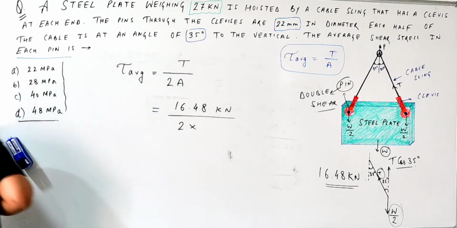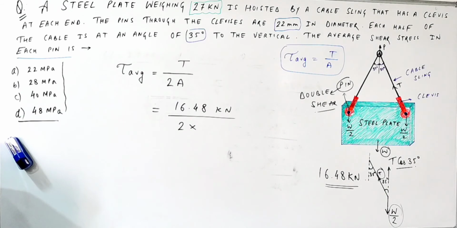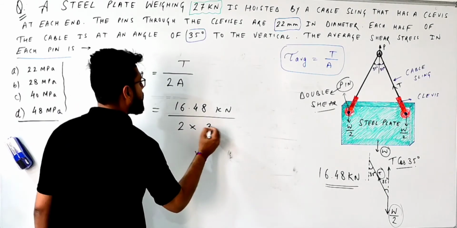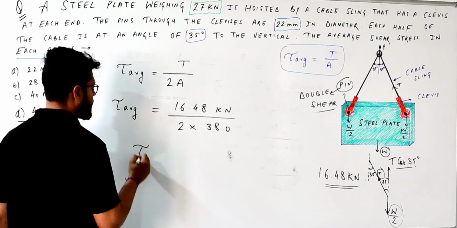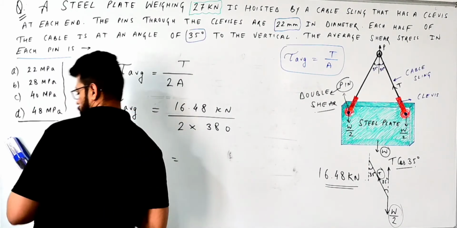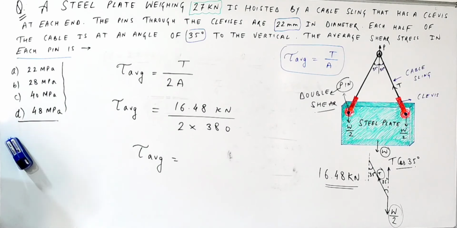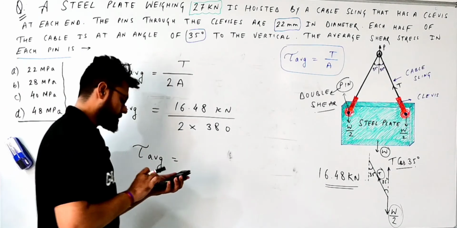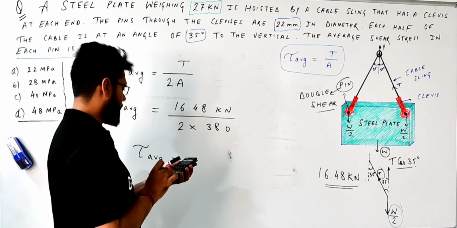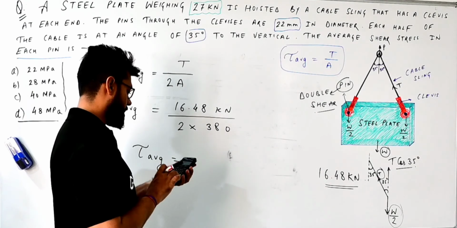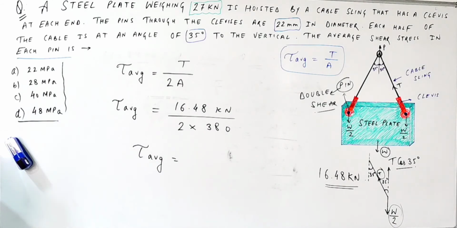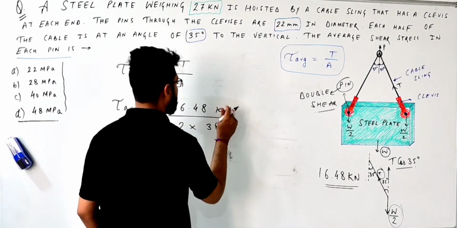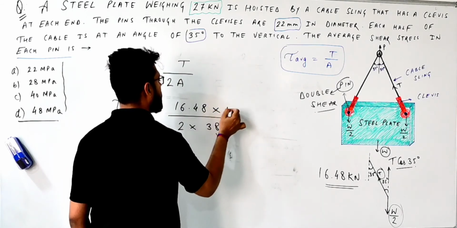Area is 380. Now we will solve this with the help of a calculator. So we will get the average shear stress. How much will be the average shear stress in this case? 16.48 kilonewton divided by, we convert to newton.